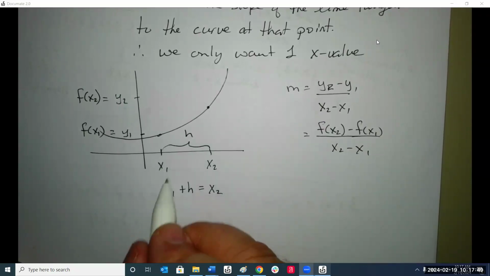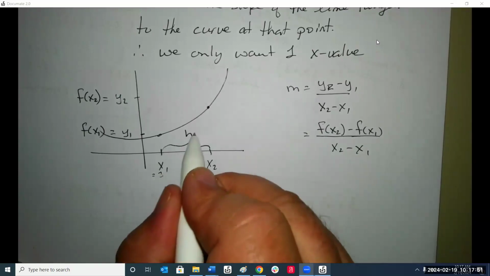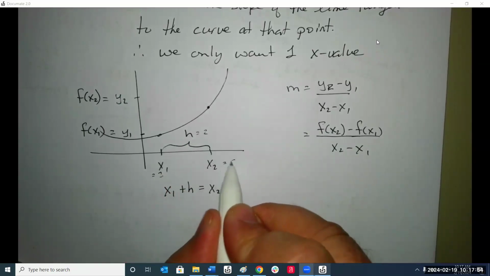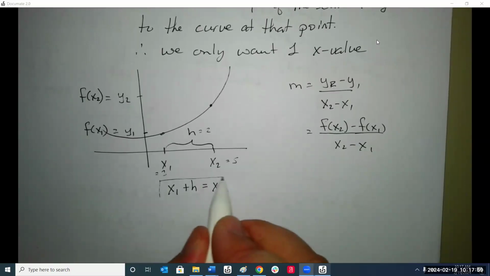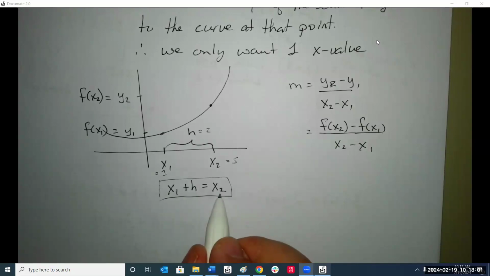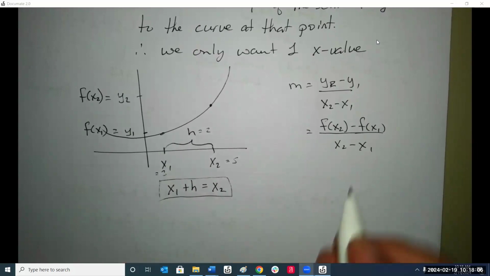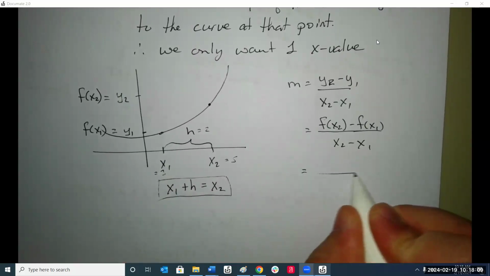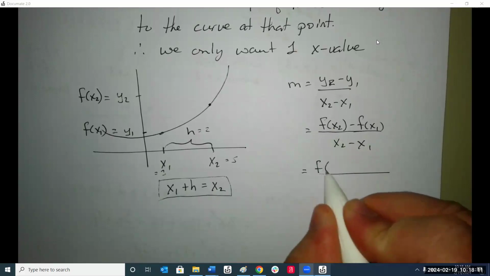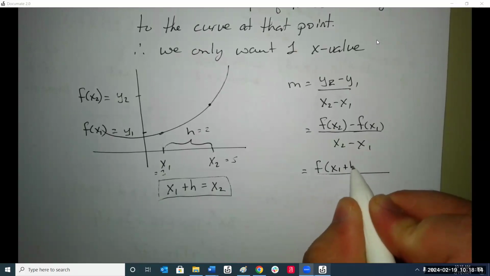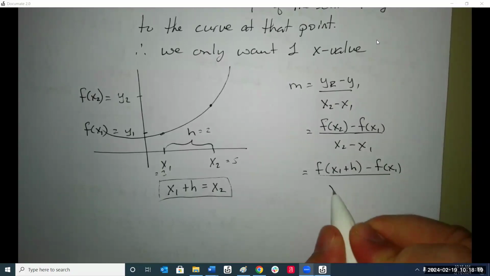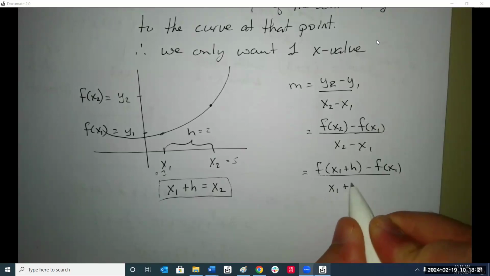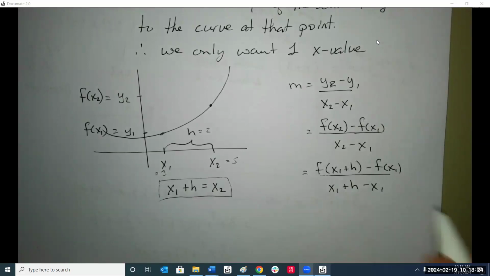If this was at 3 and h was 2, then this would be 5. We can write x2 as x1 plus h, because h is any distance between there. So we have f of x1 plus h minus f of x1, over x1 plus h minus x1.